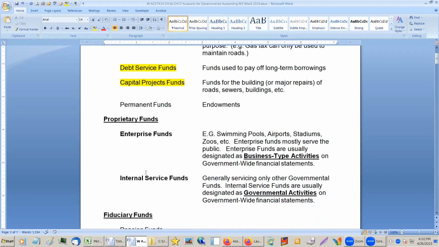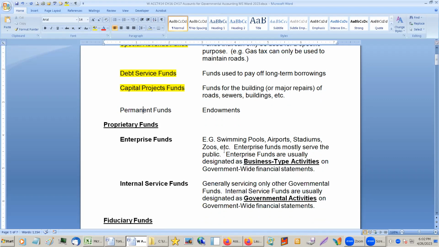Okay, the proprietary funds, we've talked about these, but they're a little bit different. They kind of split them up. These proprietary funds are run just like regular businesses. But there is a difference between enterprise funds and internal service funds. Enterprise funds, these serve the public.